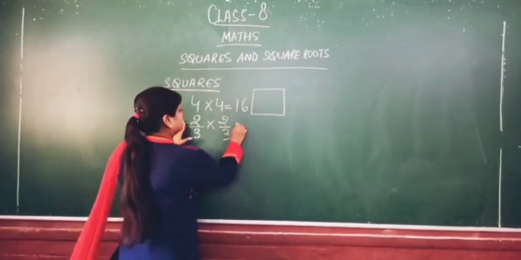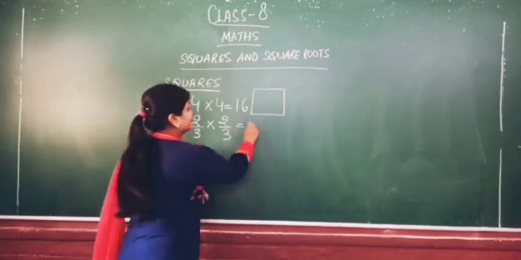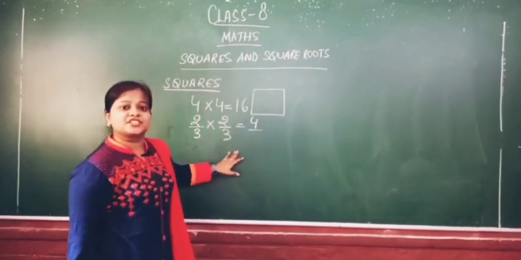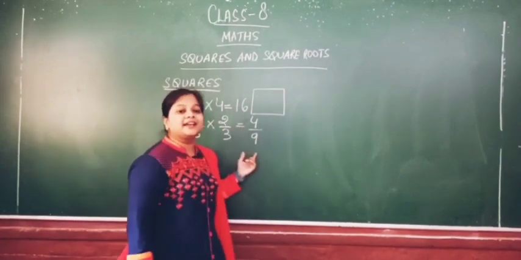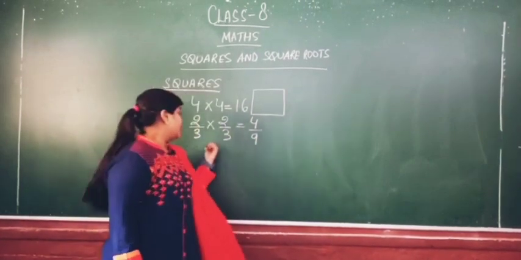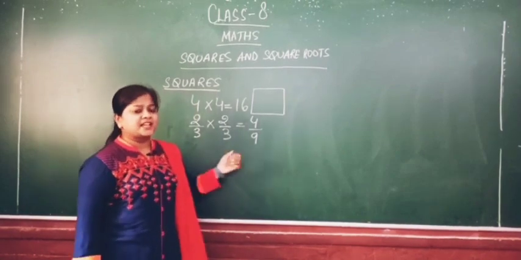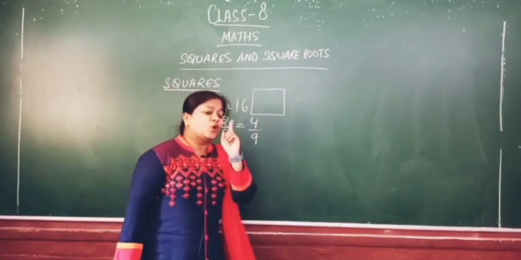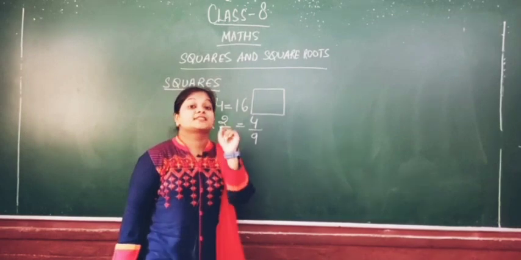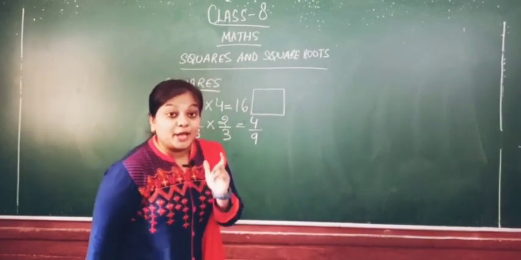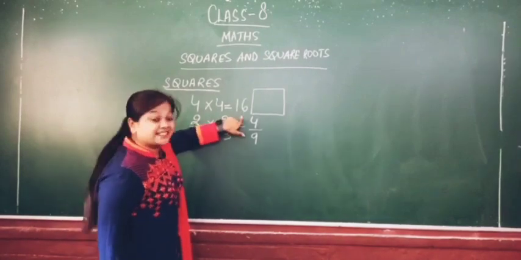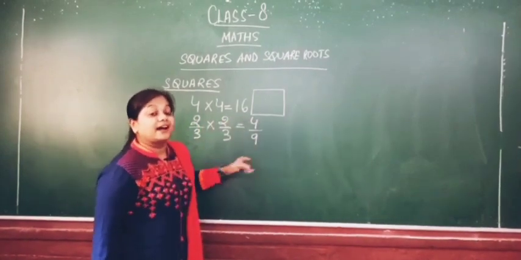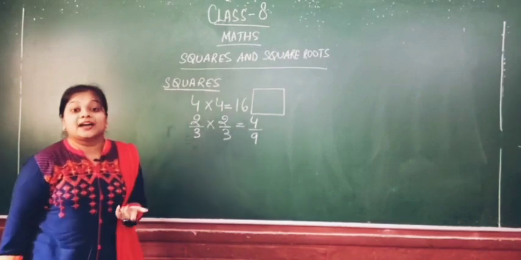So we get 2 2s are 4 and 3 3s are 9. So we can say that 4 by 9 is the square of 2 by 3. The square of a number is also known as a perfect square number. So we can say that 16 or 4 by 9 are perfect square numbers.